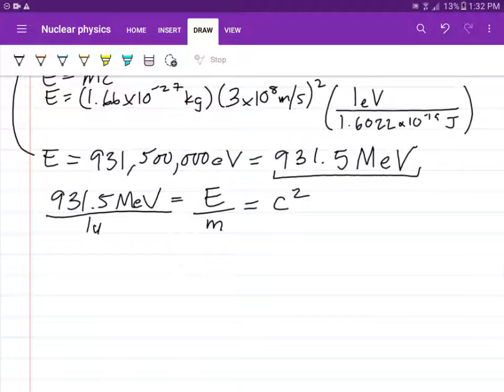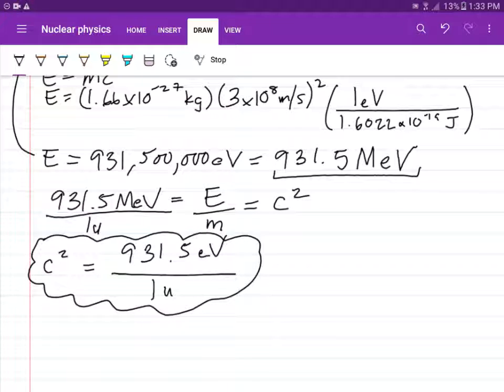So in this equivalence, we can write c squared as 931.5 MeV over 1 atomic mass unit.